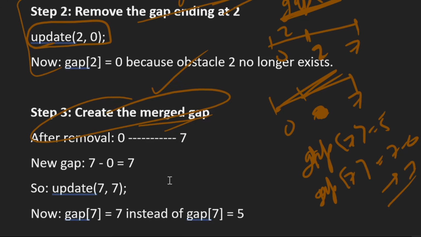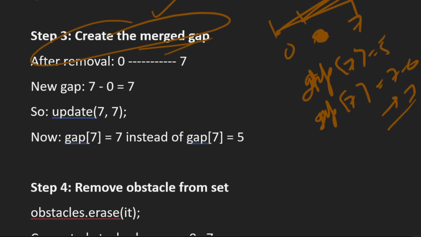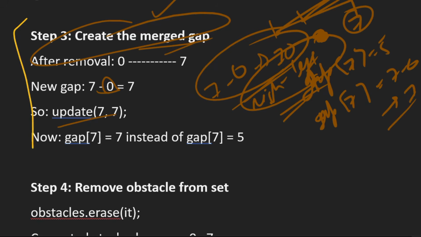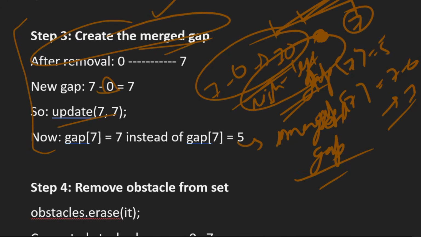So we update 7 with the distance as 7 minus left, that is 0. So right neighbor minus left neighbor will be the new gap. So in step 3 we have merged the gap in the segment tree.